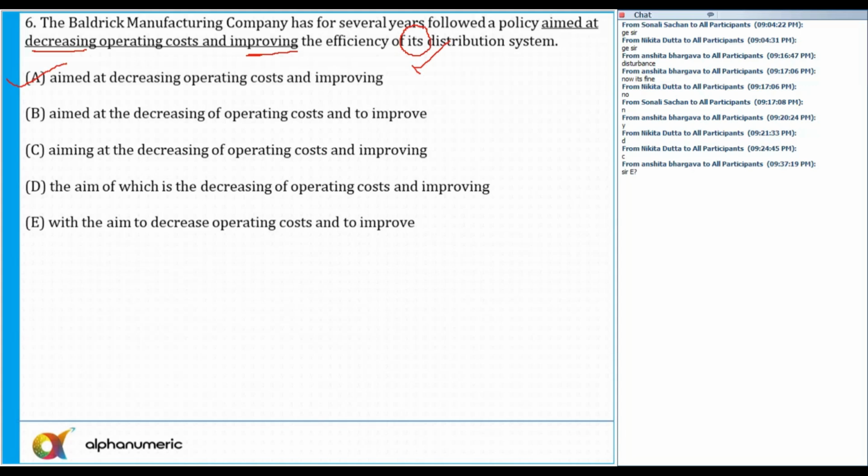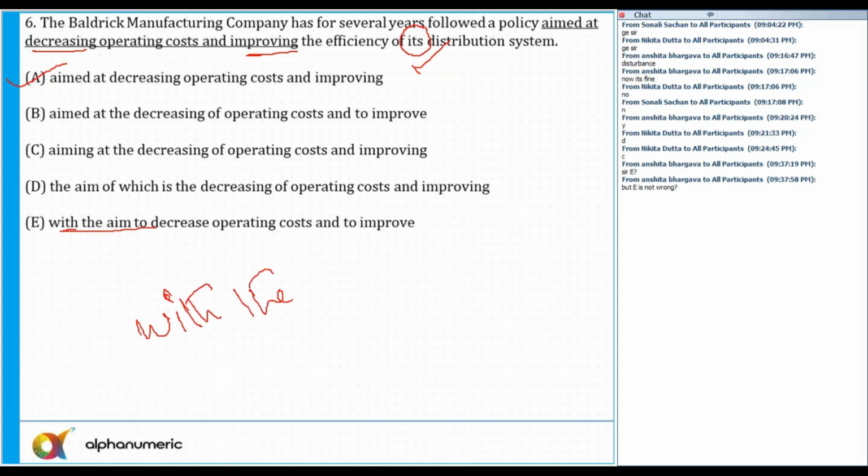Because the problem is with the aim to. E is not wrong. No, it is wrong. With the aim to is also wrong. Okay, with the aim of, I think the correct form is with the aim of. You do something with the aim of.